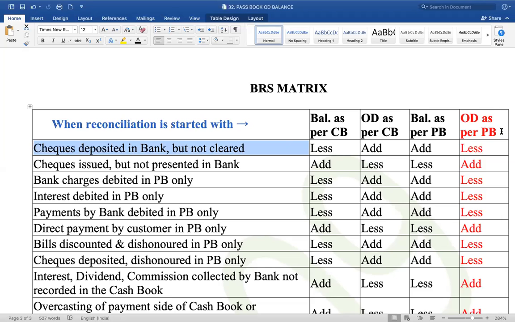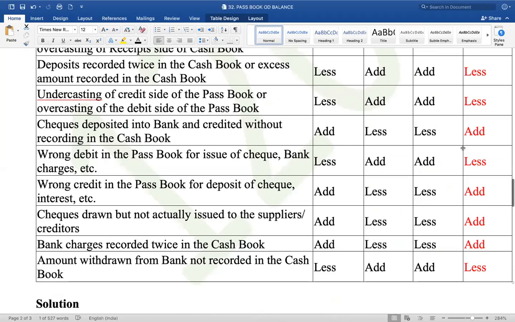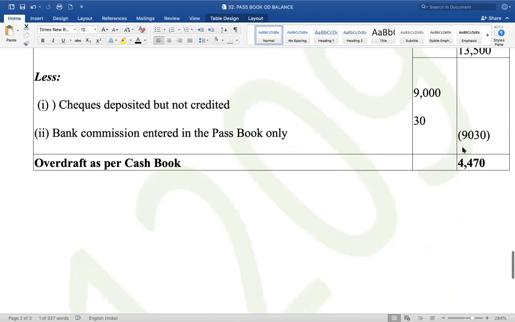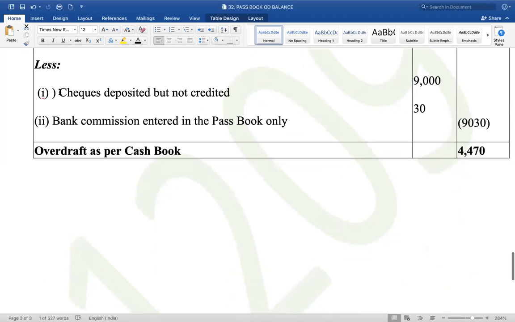And this is a scenario of OD as per passbook. What you have to do is deduct. How much? 9,000. Less checks deposited but not credited. Next.